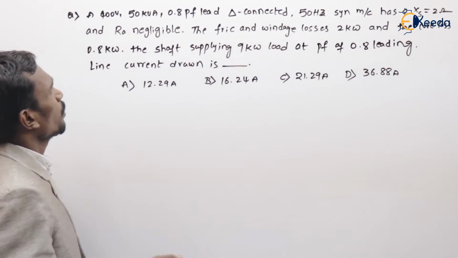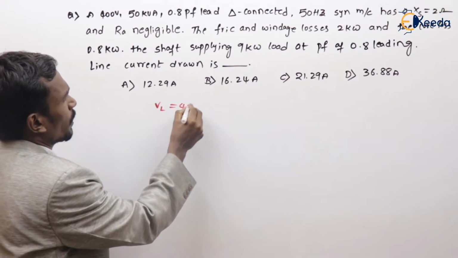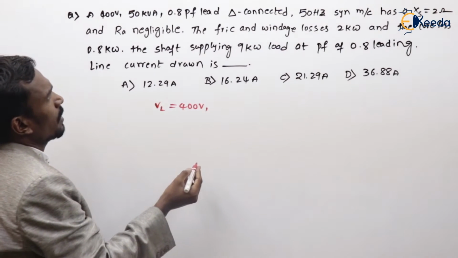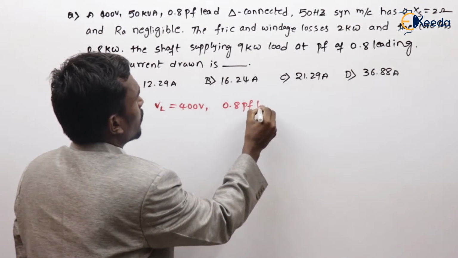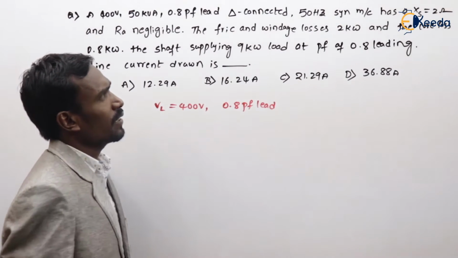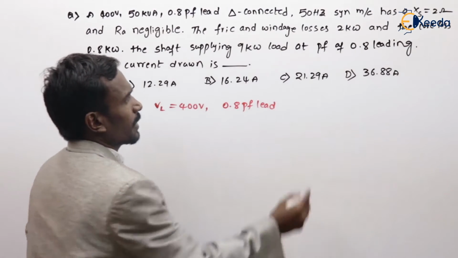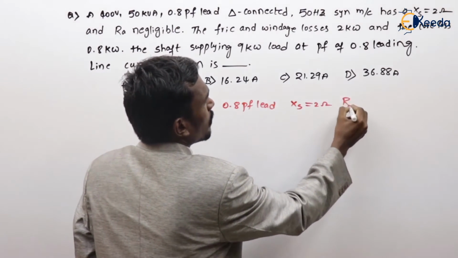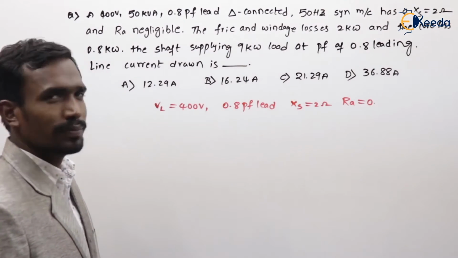A 400 volts line voltage, 50 kVA, 0.8 power factor leading, delta connected, 50 Hz synchronous machine, synchronous reactance 2 ohms, armature resistance neglected.